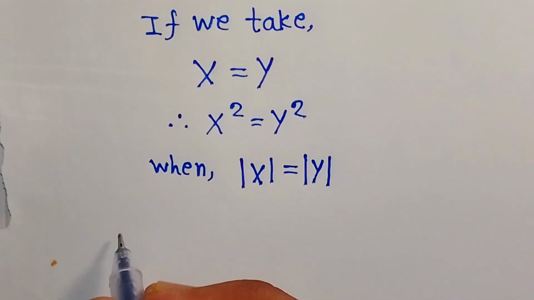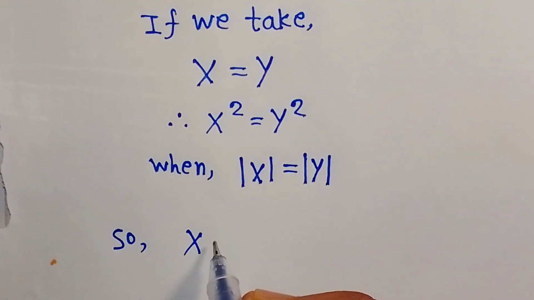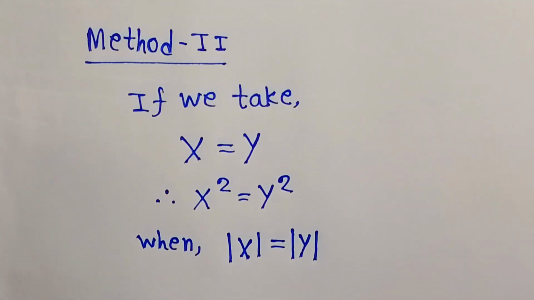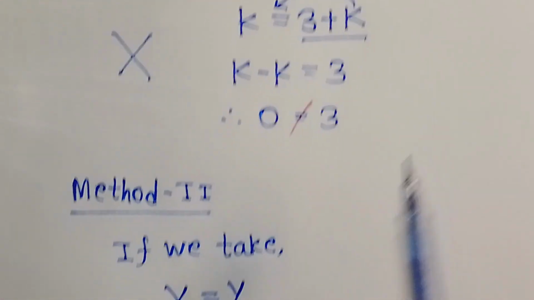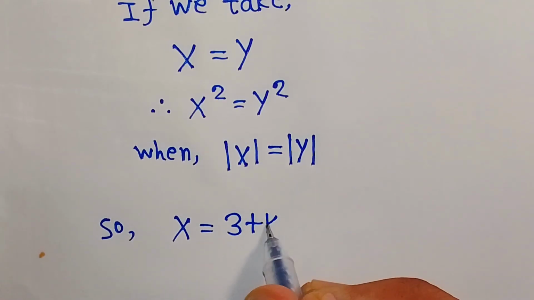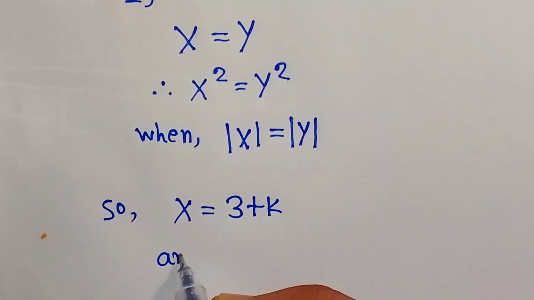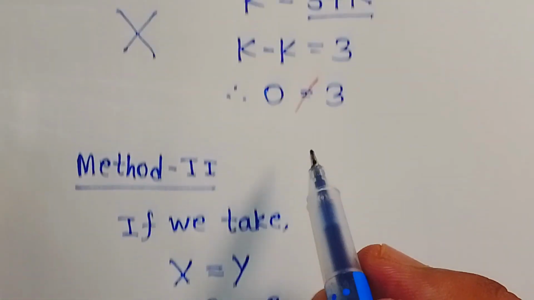This is our first case. So we now write x as this 3 plus k, and y is equal to this k.